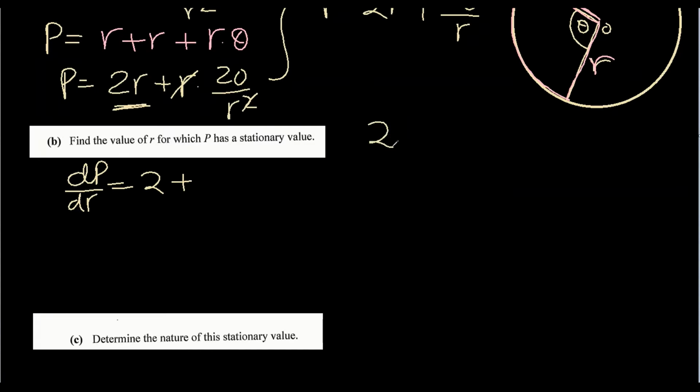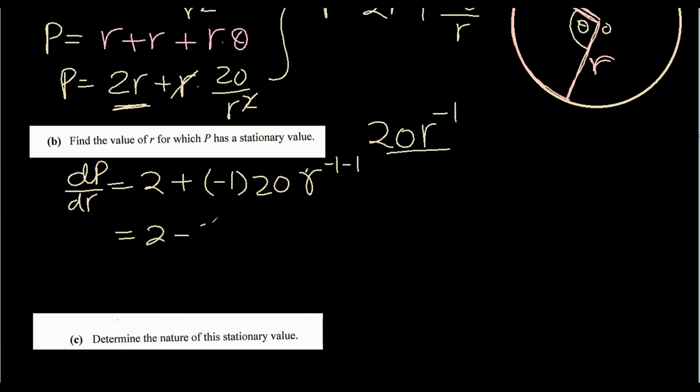20 over R can be written as 20 R to the power minus 1, right? And I will differentiate this. Minus 1 will come in front. 20 remains 20 because it's a constant, and R's exponent will go down by 1. So what do we get here? 2 minus 20 over R square, because minus 1 is minus 2.